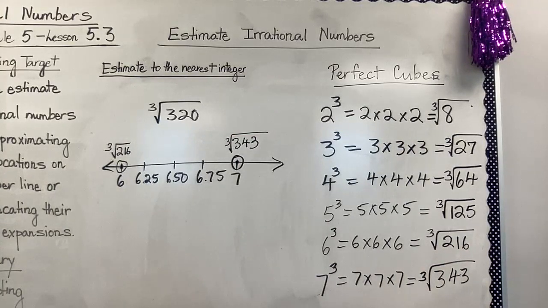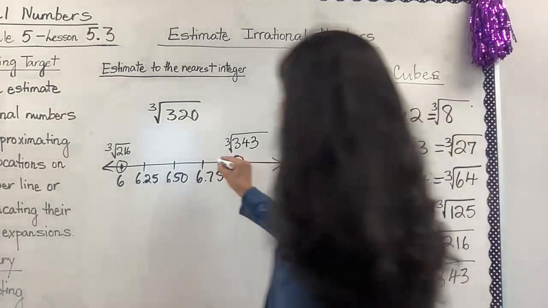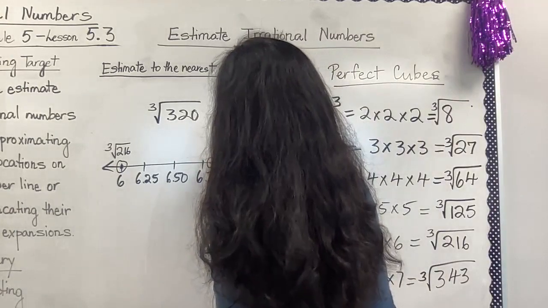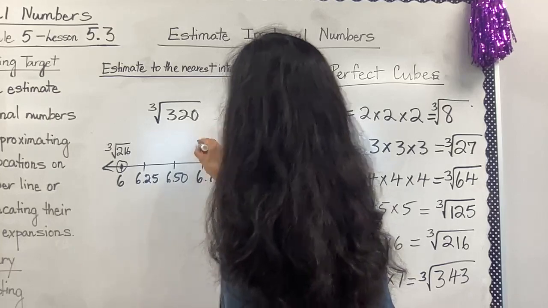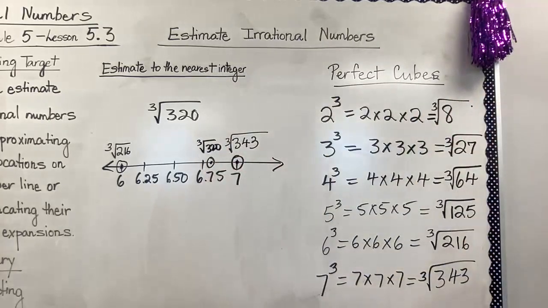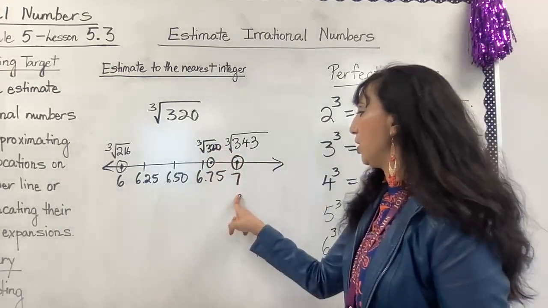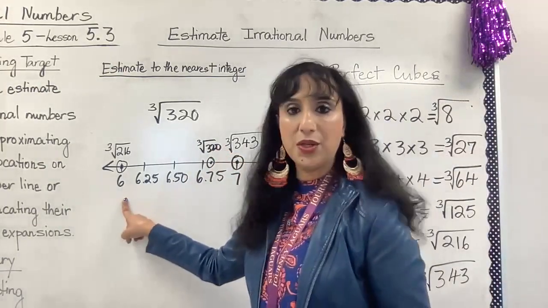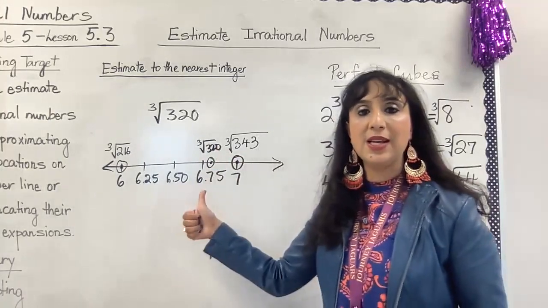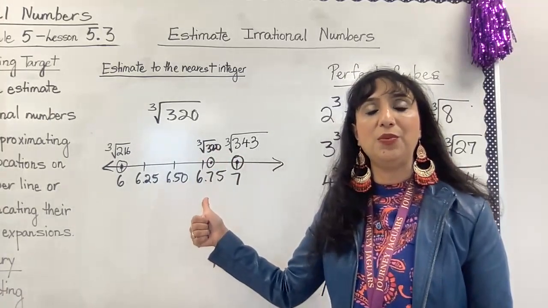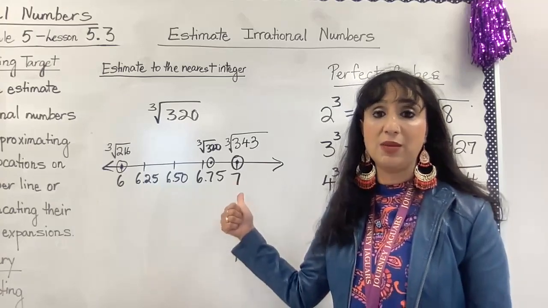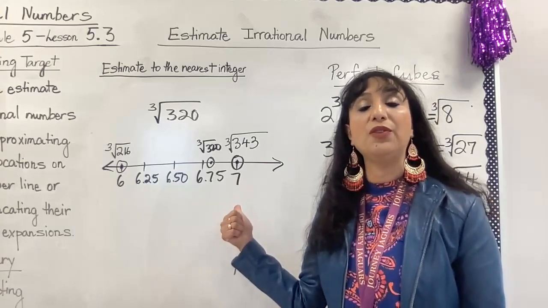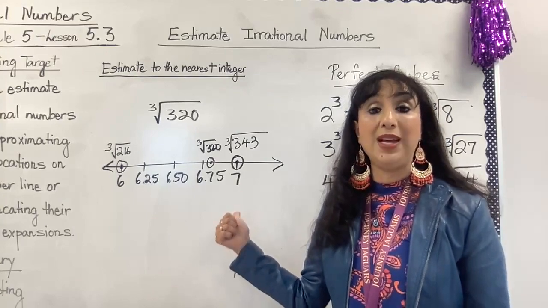So that is going to fall about here. Now look at the distance. Which integer is this closer to? Is it closer to 7 or is it closer to 6? Just looking at this, I know that the cube root of 320 is going to fall closer to 7. So the approximate value of the cube root of 320 would be 7.